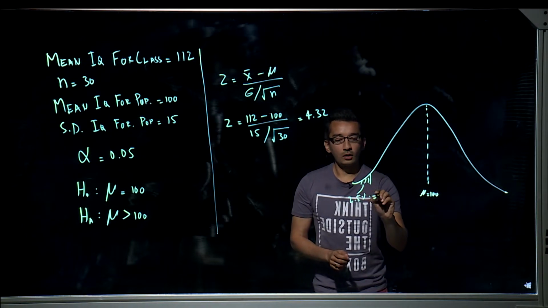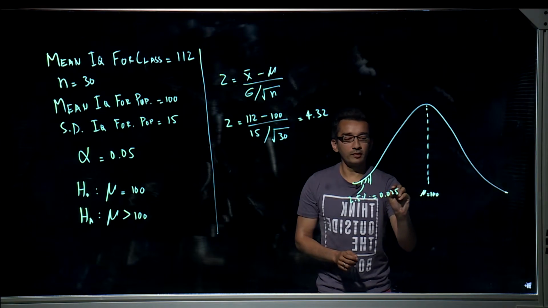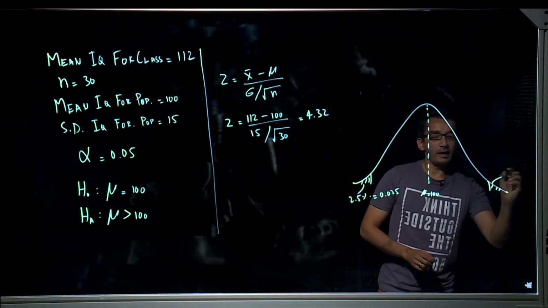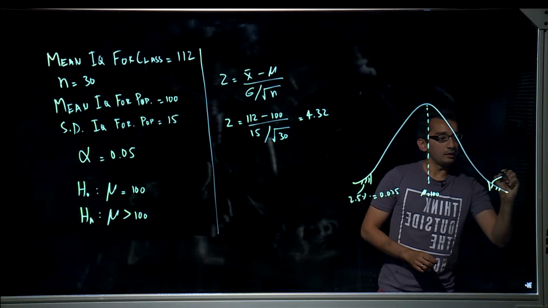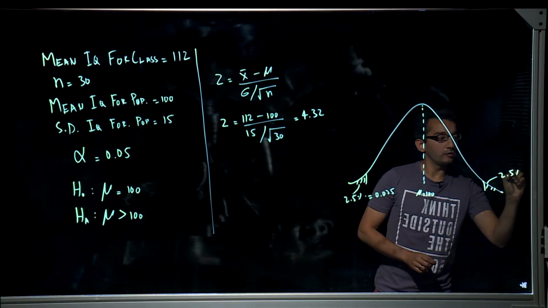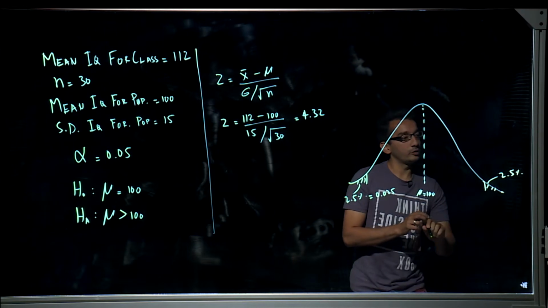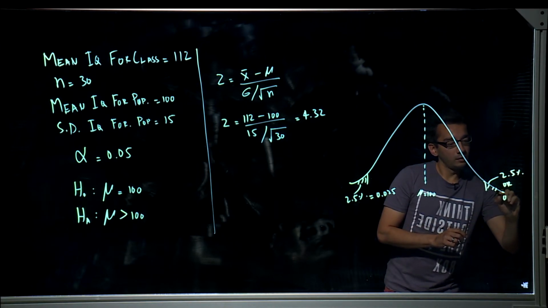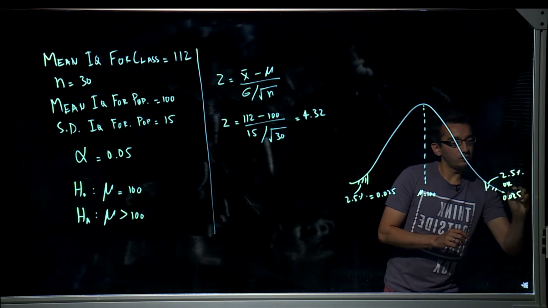or 0.025. Similarly, on the right end of this distribution, the area of rejection will comprise 2.5% of the total area, or 0.025.